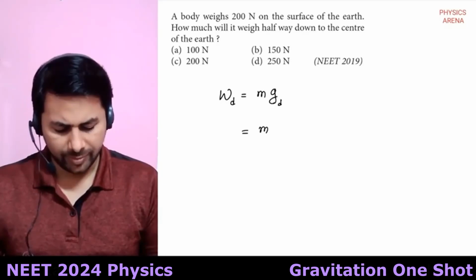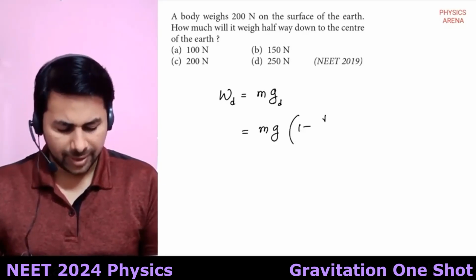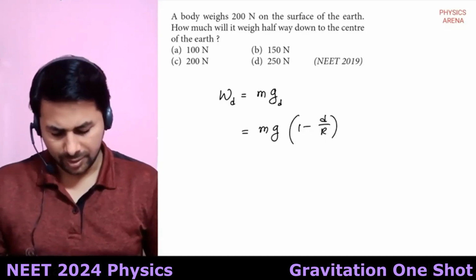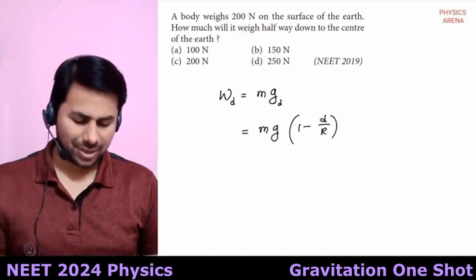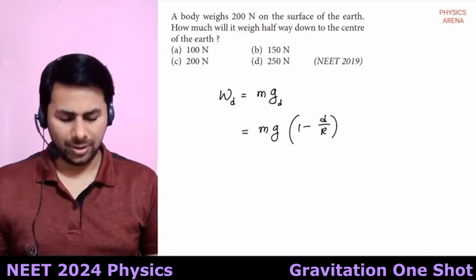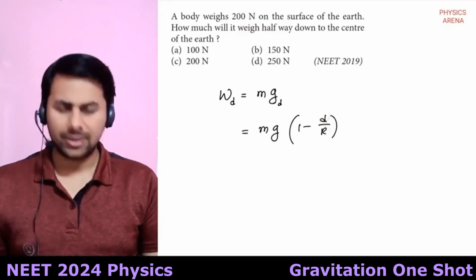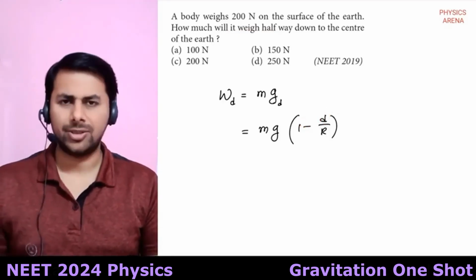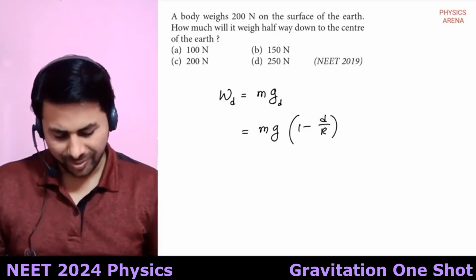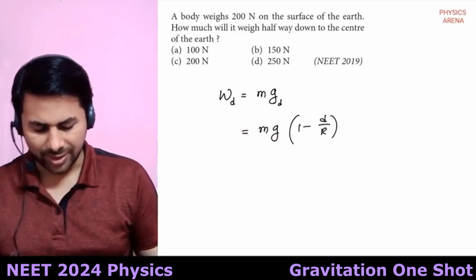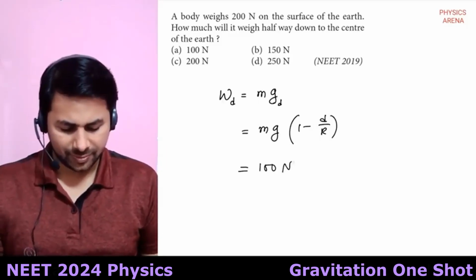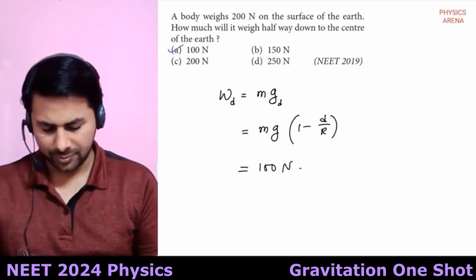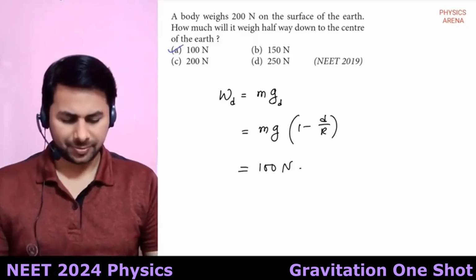It is mg multiplied by 1 minus d by r. And how much is the depth? It is halfway down, that means d is equal to r by 2. So r by 2 upon r is 1 by 2, and 1 minus 1 by 2 is 1 by 2. So mg is 200, and it is 200 times half, 100. Option A.